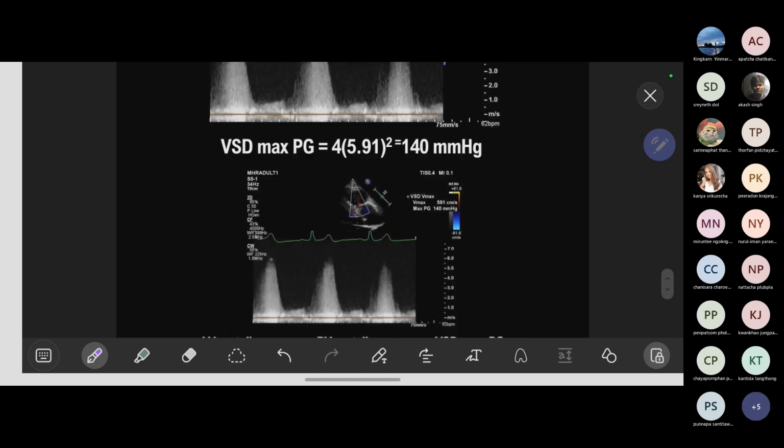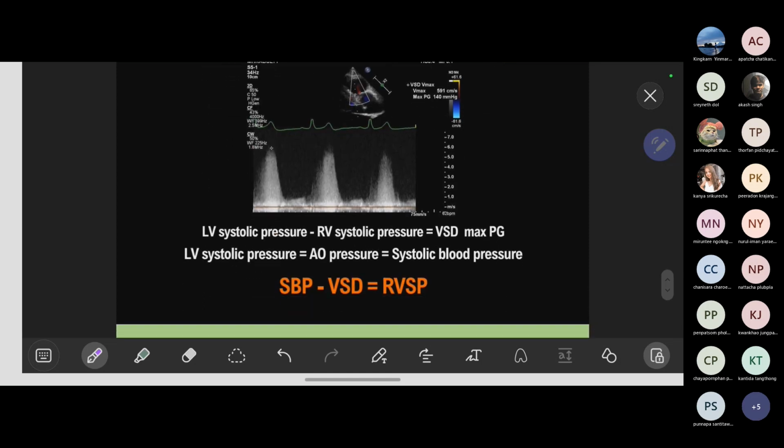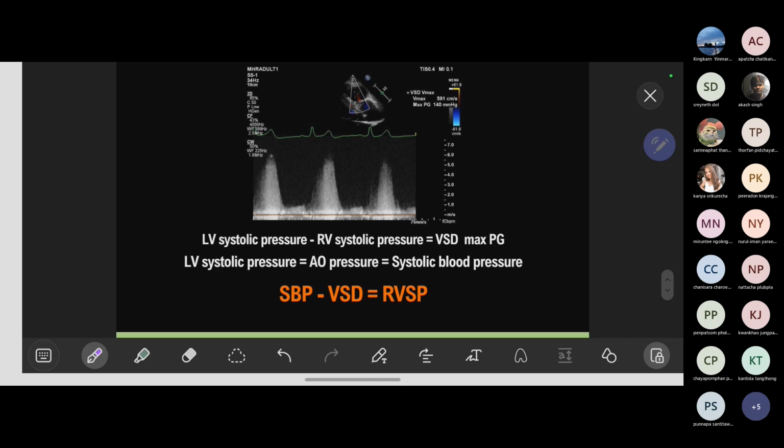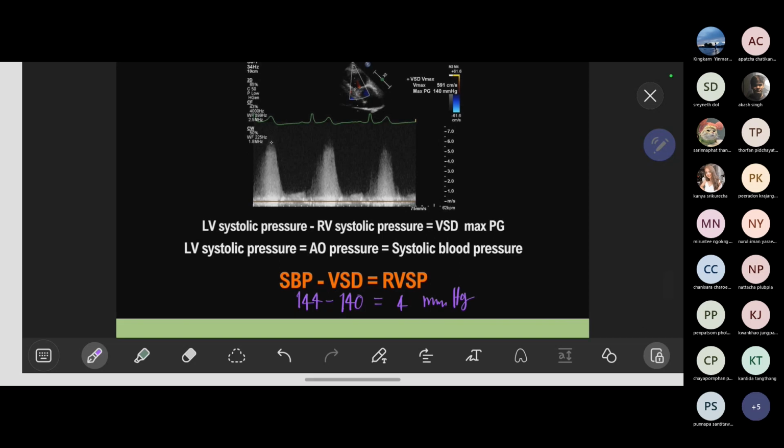So systolic blood pressure minus the gradient gives RVSP. RVSP is 144 minus 140, so RVSP is 4, which indicates no pulmonary artery hypertension.